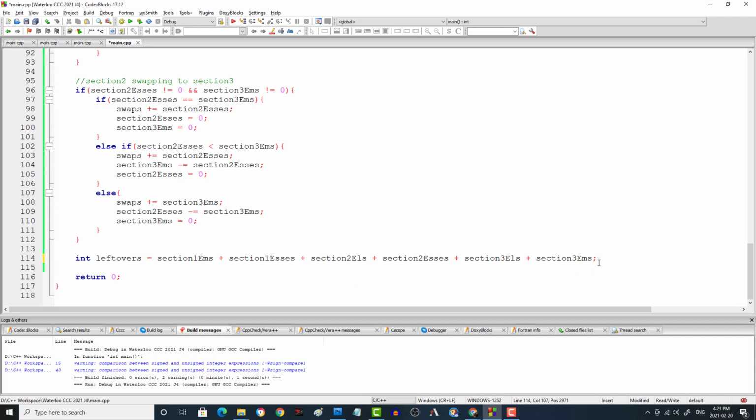Now it's not possible for the number of leftovers to not be divisible by 3, because if it were, that would mean you could have done another swap somehow. It has to be some multiple of 3.